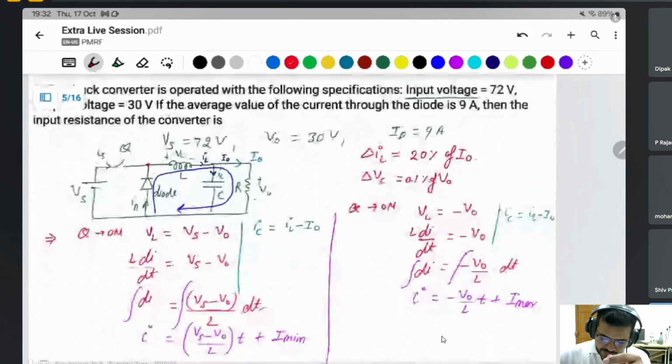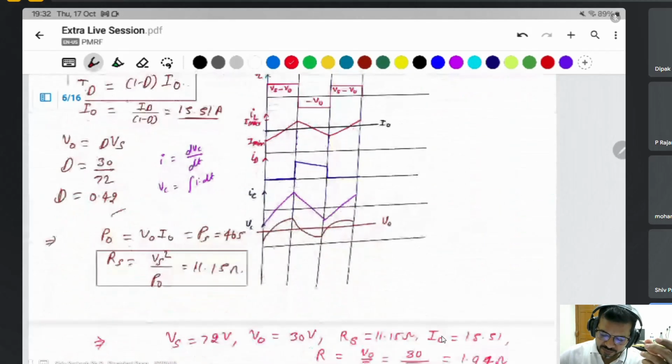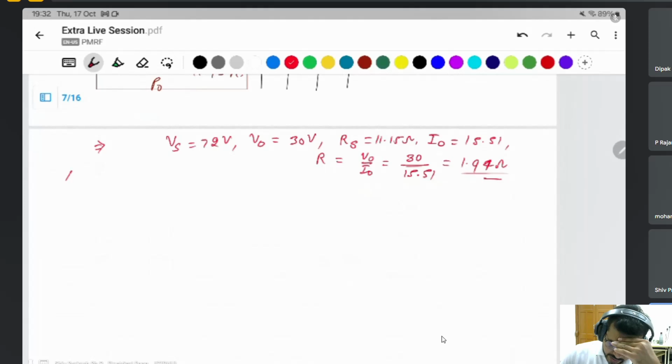Then in the buck converter, you find the R, Vs, V naught, and the diode and switches you can choose accordingly. Then you have to calculate the inductor value and capacitor value. Inductor will be calculated by the delta IL. Delta IL will be taken as 20% of I naught. I naught is 15.5, so it will be 3.1 ampere.